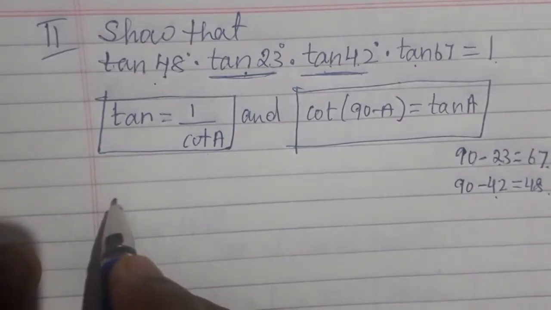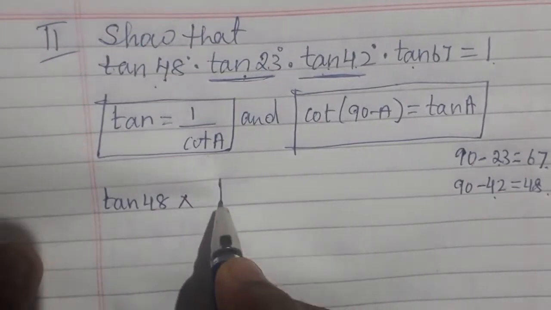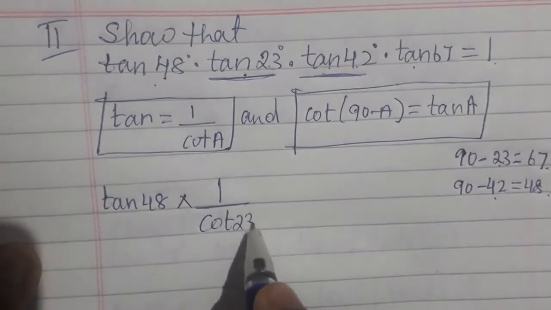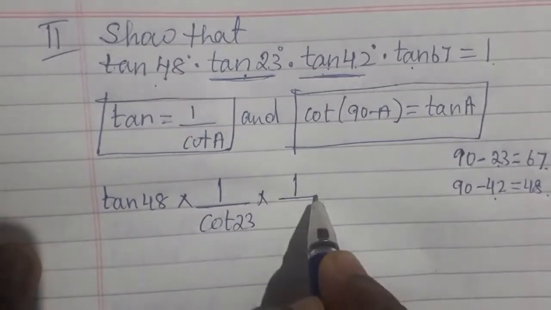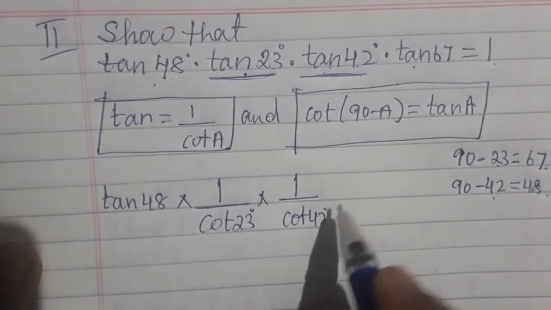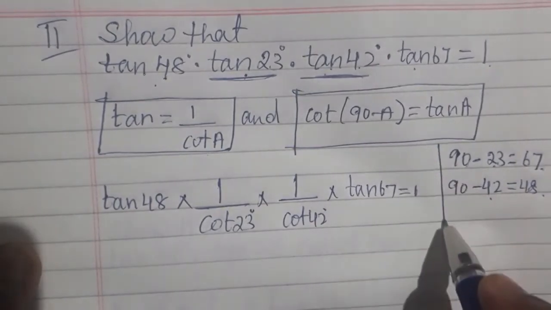Now I will write like this. Tan 48 into tan 23 can be written as 1 by cot 23, into tan 42 can be written as 1 by cot 42, into tan 67 is equal to 1. Okay.